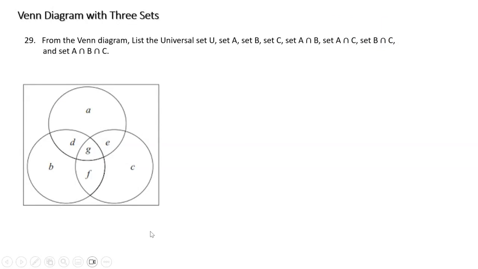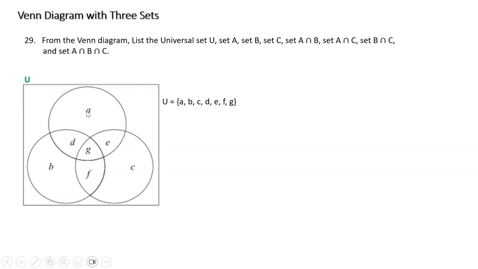Okay. Now, here comes a Venn diagram with 3 sets. So from the Venn diagram, list the universal set U, set A, set B, set C, and the intersection of A and B, of A and C, of B and C, and the intersection of all 3. Okay, so there's my union.